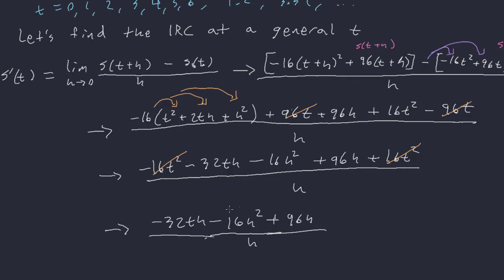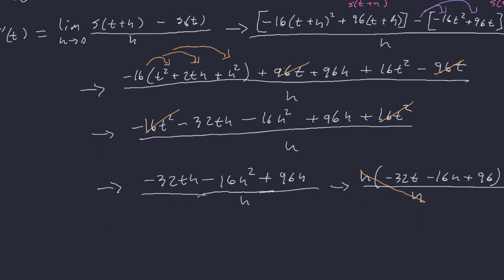Okay, now notice what's happened here. Everything that did not have an h canceled, and that's going to be what happens every single time. The thing without h cancels. Then we can factor out the h to get negative 32t minus 16h plus 96, and then the h's cancel.